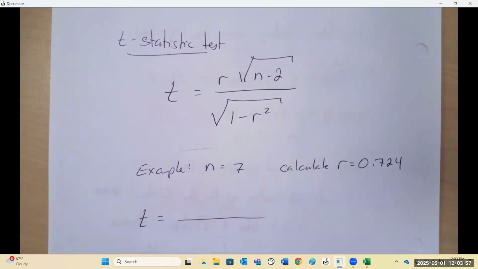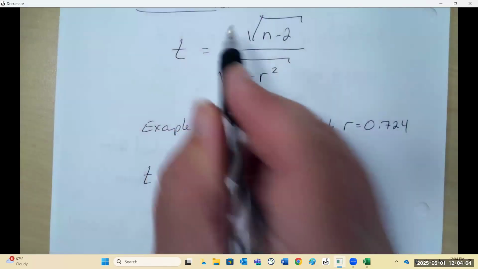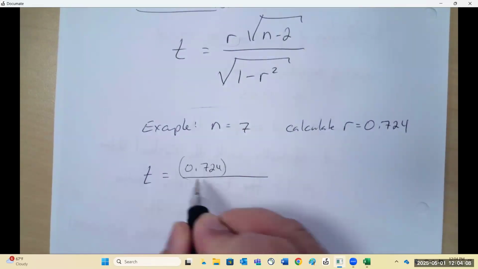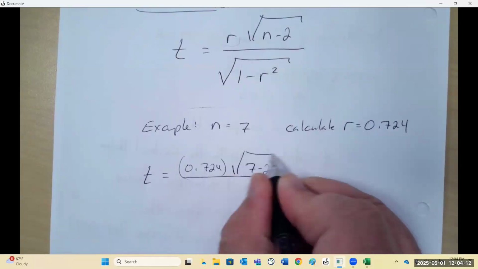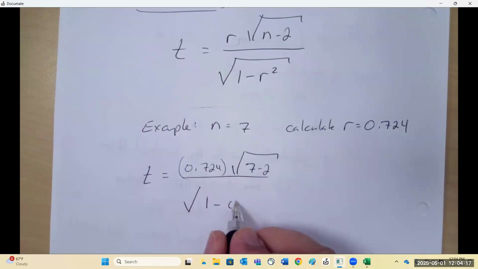The t value would be what? So it's r, which is 0.724, times the square root of 7 minus 2, over 1 minus 0.724 squared.